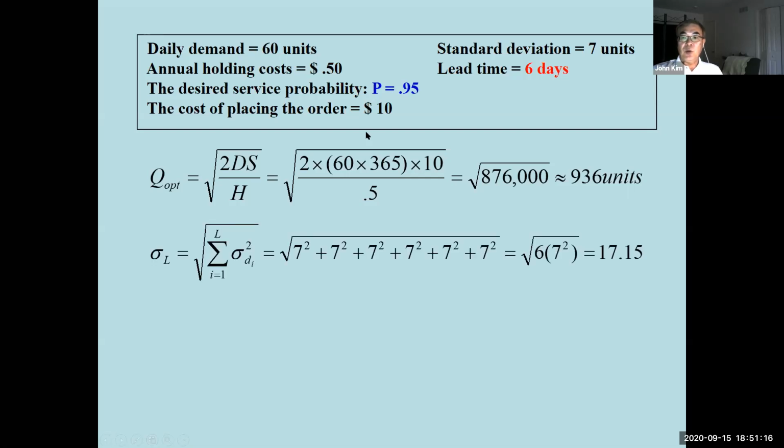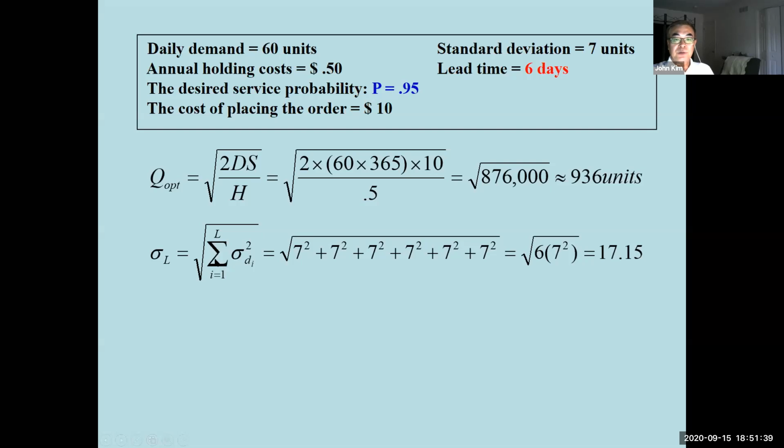To get a reorder point in the safety stock model, we need the standard deviation during lead time. The formula looks like this: square root, this is standard deviation 7, squared, so this is the variance.